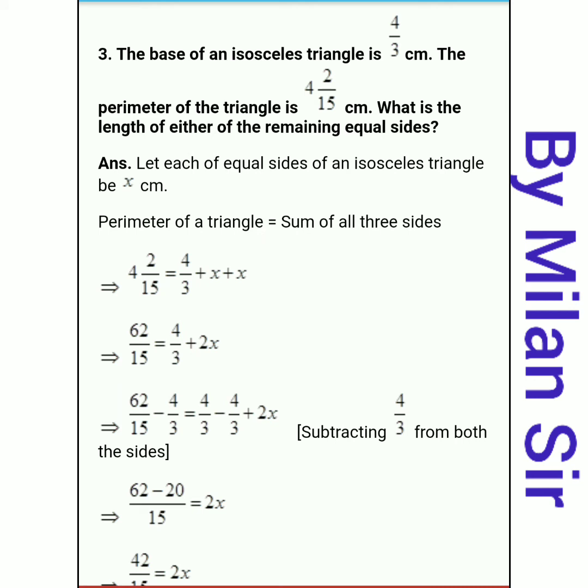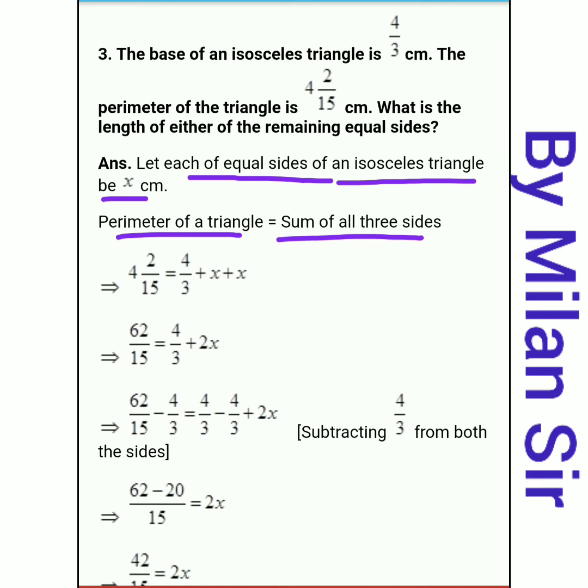First of all, assume each of the equal sides of the isosceles triangle to be x centimeters. Now the perimeter of a triangle is equal to the sum of all 3 sides.